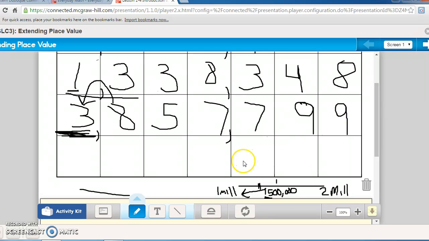So how can we write a comparison number sentence representing this?